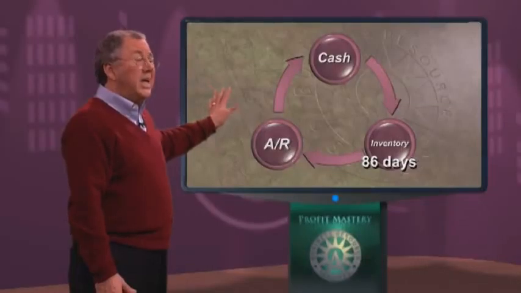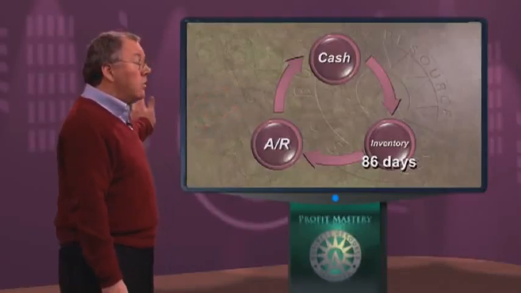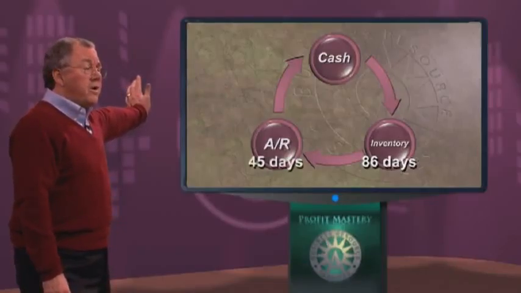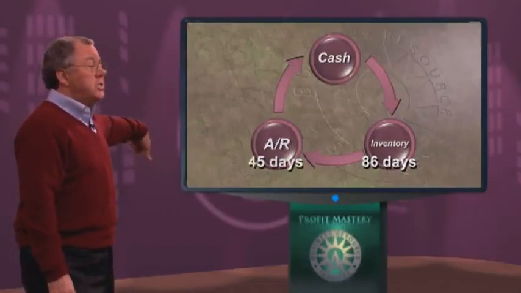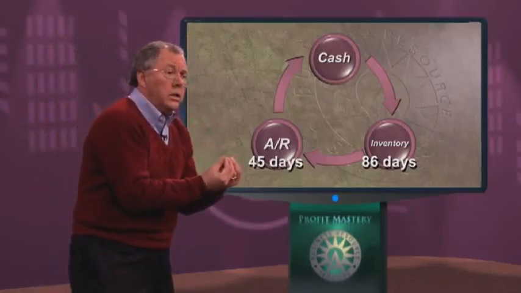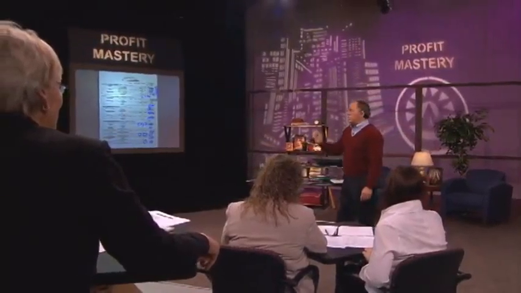Isn't that right? And then he sells it, and then down in ratio number 12, how long is it sitting as a receivable? 45 days. How long is the dollar gone before it comes home to mama? 131 days. And what does he do in the meantime?